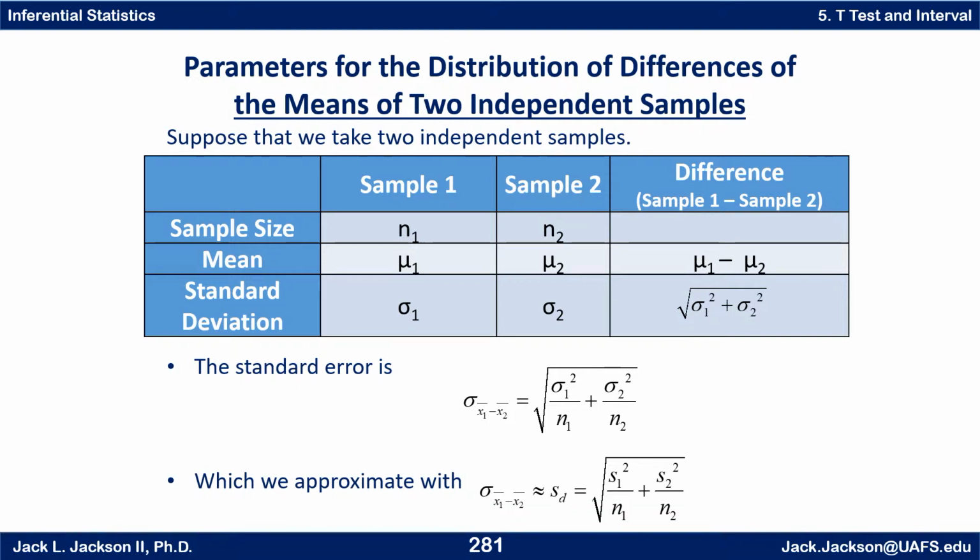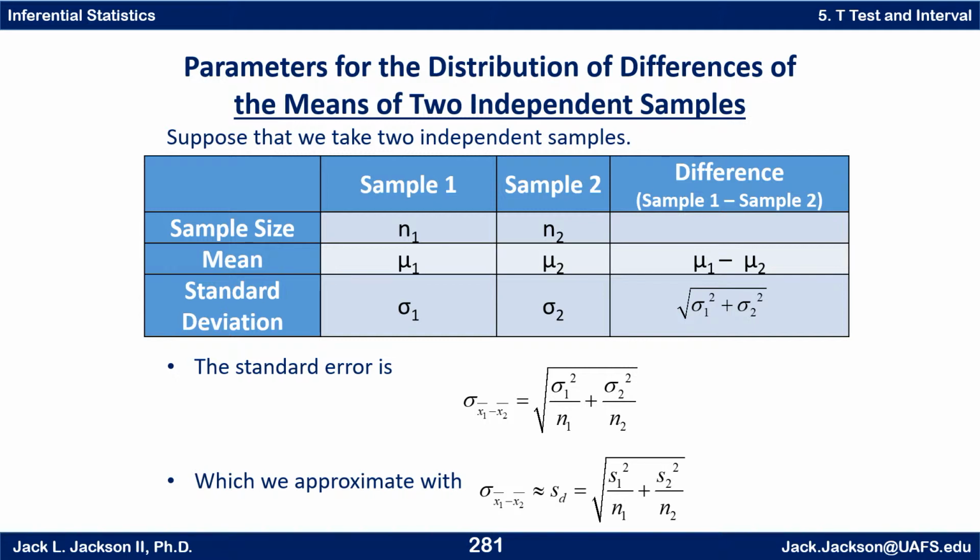So the standard error, or the standard deviation of x bar 1 minus x bar 2, turns out to be the square root of sigma 1 squared divided by its sample size n1, plus sigma 2 squared divided by its sample size n2. Of course, we're assuming at this point that we don't know the sigmas.